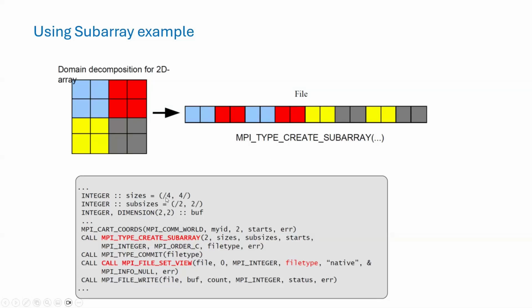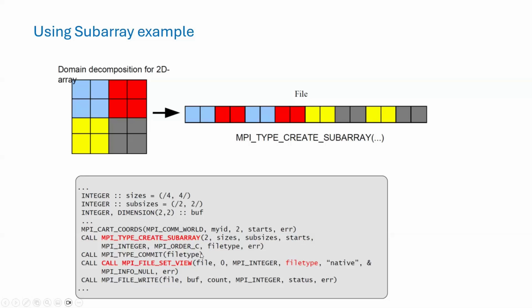The total size is 4 by 4, and your subsize is 2 by 2. You can define it, and then from the coordinates you know where to start, and then you create that subarray. Basically each row size will be 2, the total size is 4, the subsize is 2, and you know the start from the coordinate.